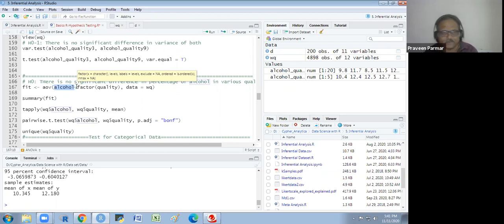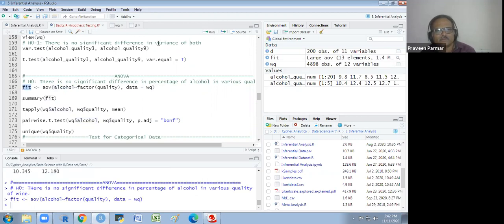As I explained when explaining the data, basically it is numeric in the data set, but we have to treat it as a factor, so that it can compare. So the data is wine quality, and I run it.